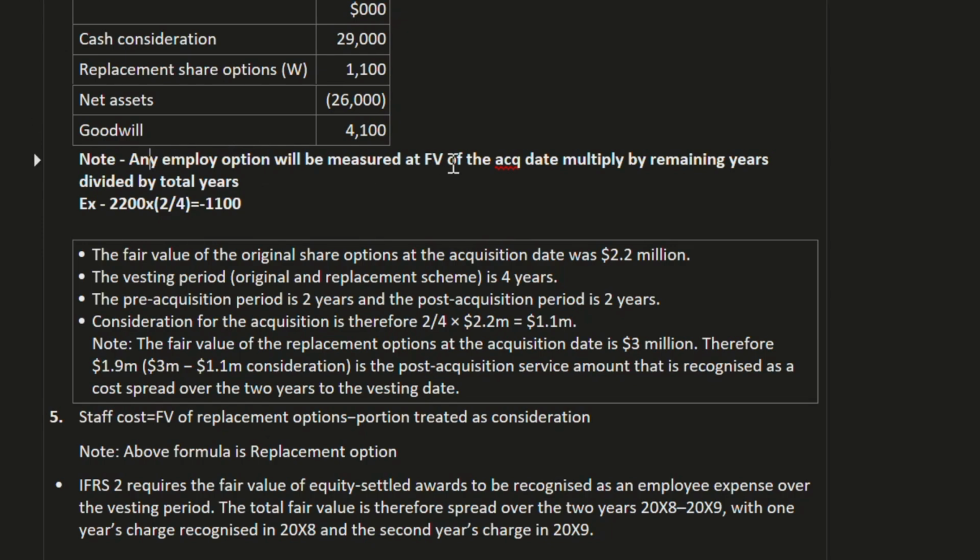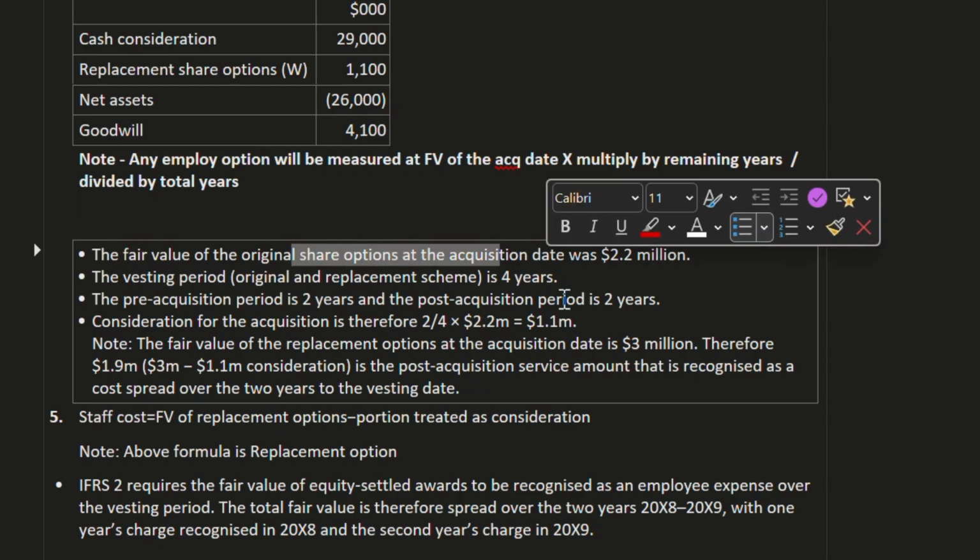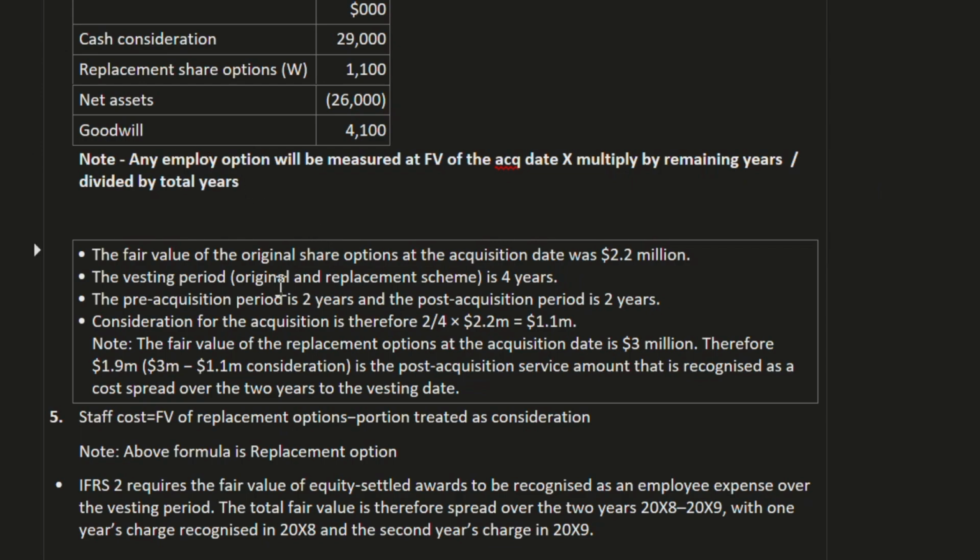Any employee option will be remeasured at the fair value of the acquisition date, multiplied by remaining years divided by total years. So what is the fair value at the acquisition date of the employee option? Of the employee option, we have 2.2. We need to check the employee option, not the replacement option.